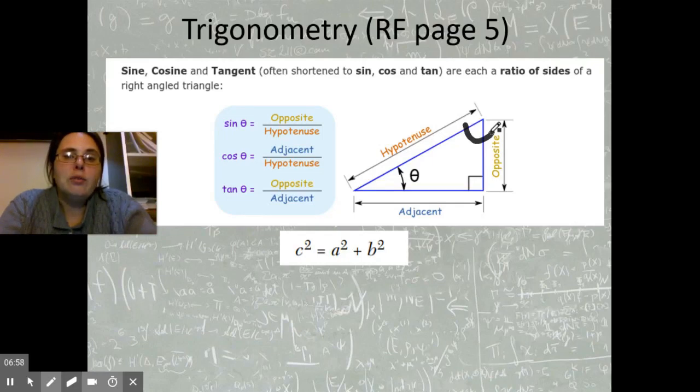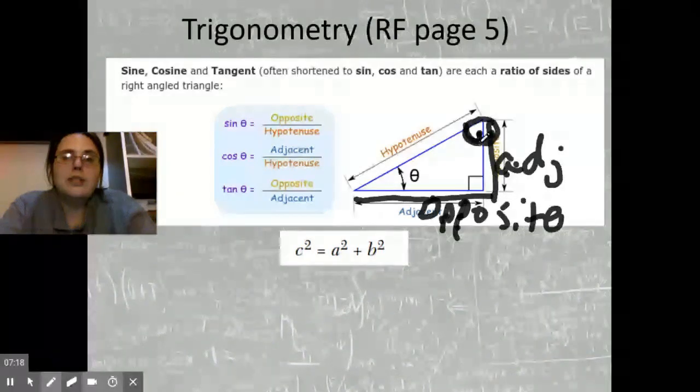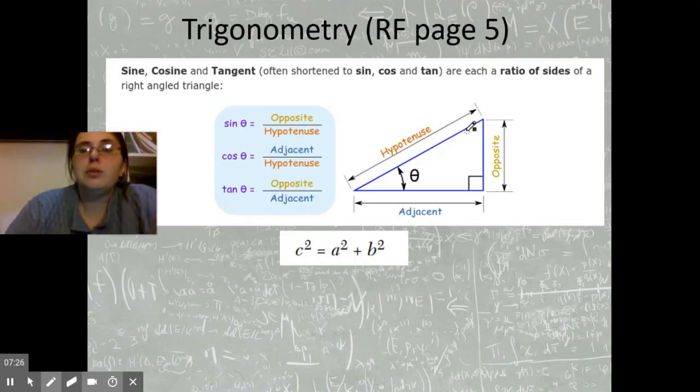So if we were looking at this angle here, then this would be the opposite, and this would be the adjacent, because for this angle, this side is opposite of this angle, and this side is adjacent or next to this angle. So it just depends on which angle you're talking about, and it's going to depend on what they need in the problem. It's not always going to be the same angle that we're talking about.